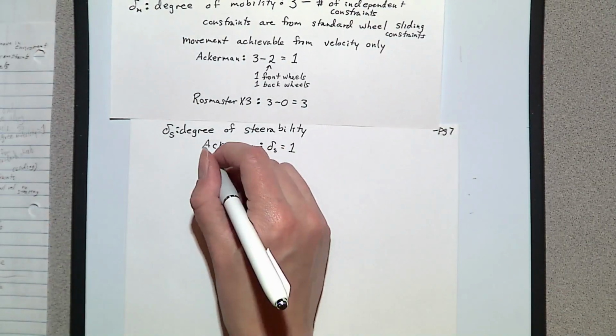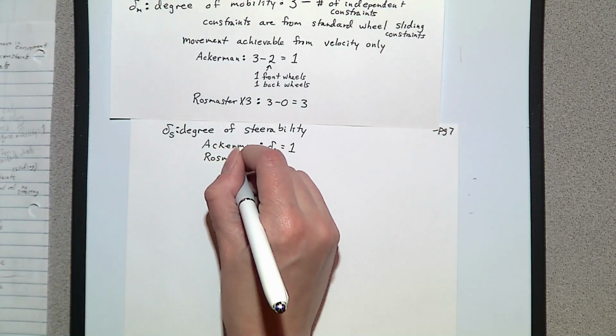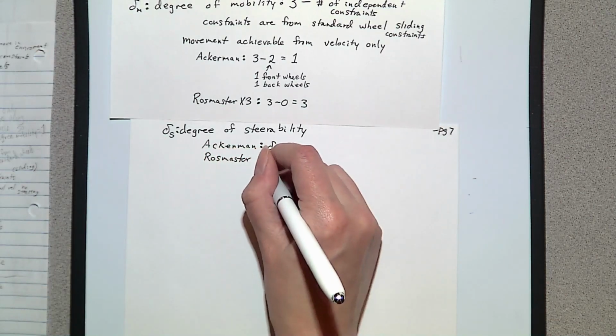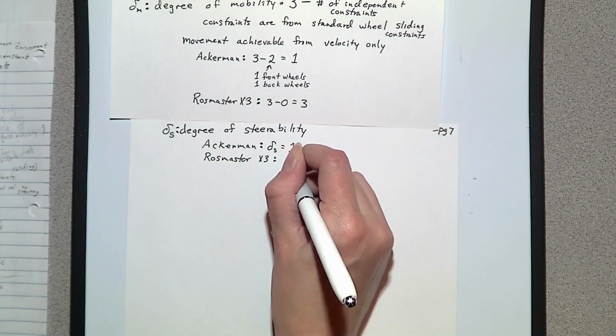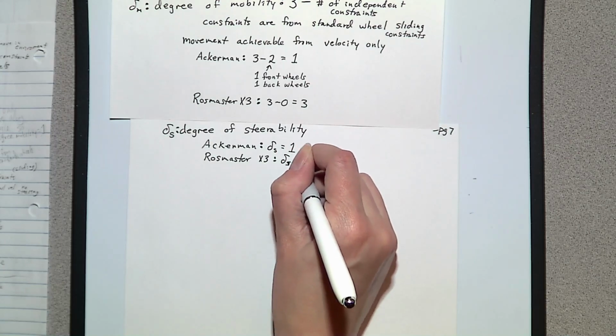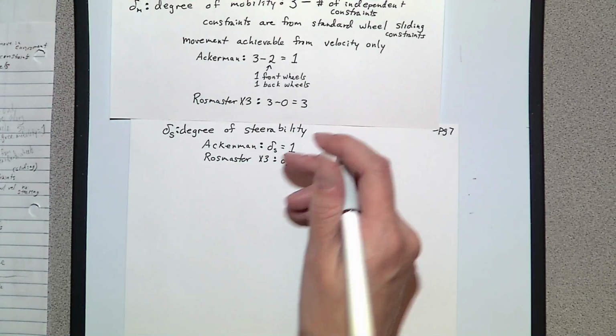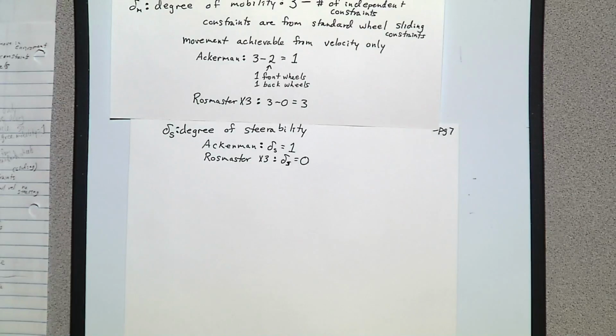And for our Rosmaster, as we have omnidirectional wheels, we don't have a controlled steering angle, so the delta S is 0.